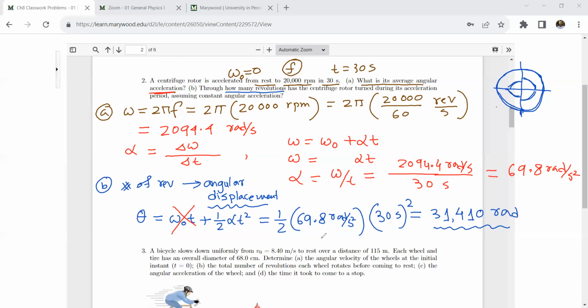So 2 pi radian is equal to 1 revolution. You can determine the number of revolutions by dividing this number by 2 pi. If you divide this by 2 pi, it gives us 5,000. So the number of revolutions for this problem is 5,000.